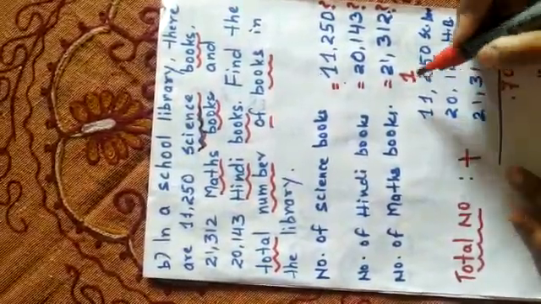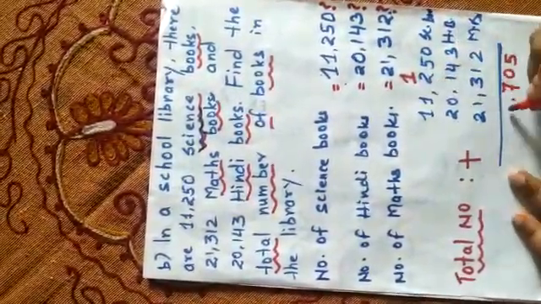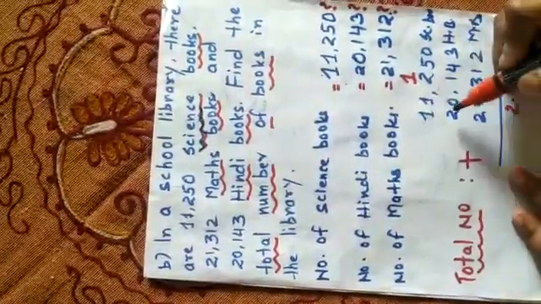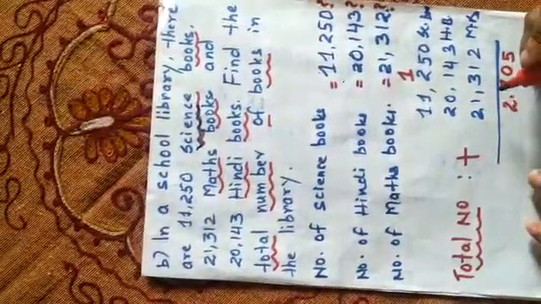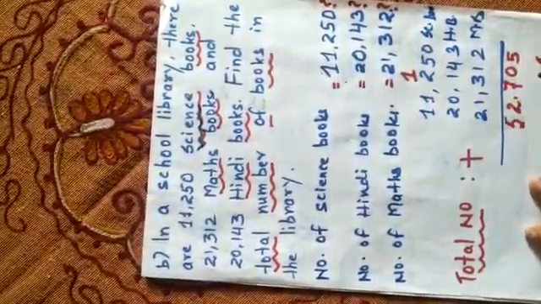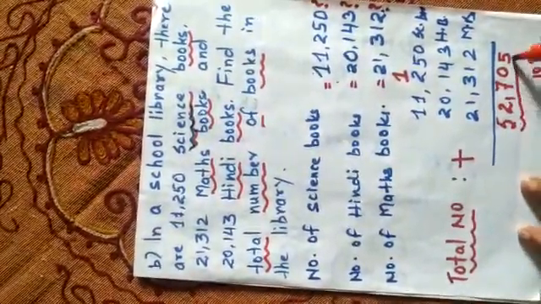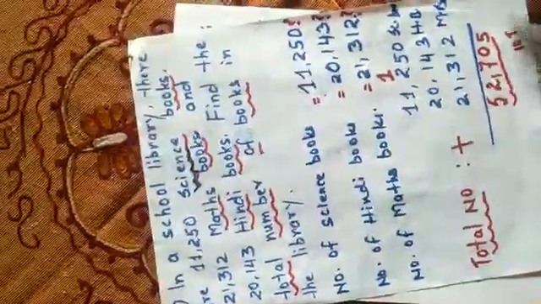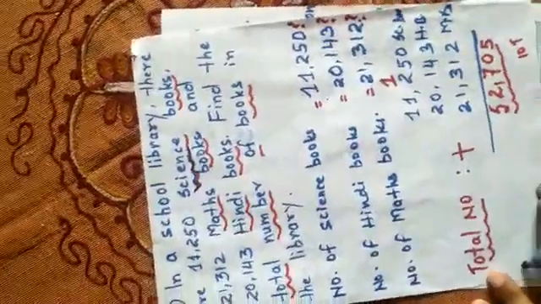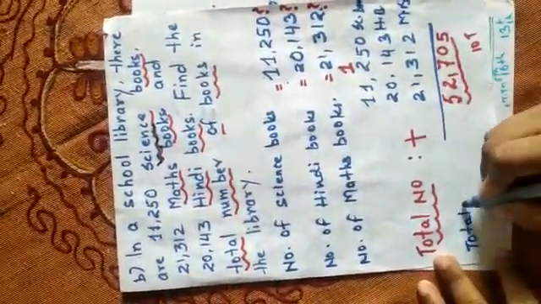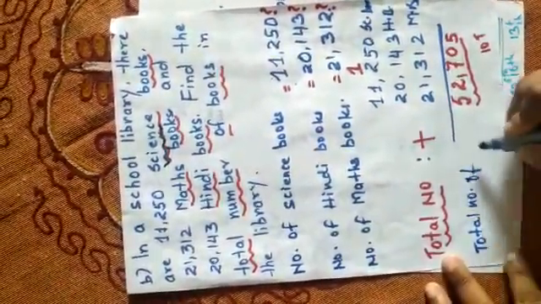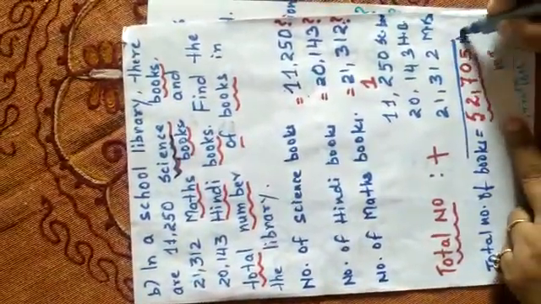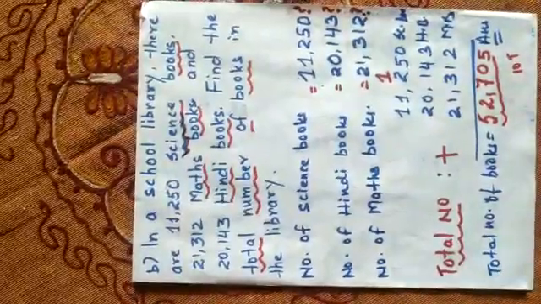Now come to thousands. 1,000 plus 1,000, 2,000. Now come to the ten thousands. 1 ten thousand plus 2 ten thousand plus 2 ten thousand is 5 ten thousand. So the total number of books is 52,705. This is the answer.